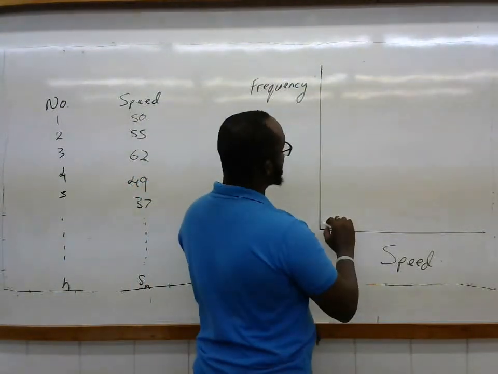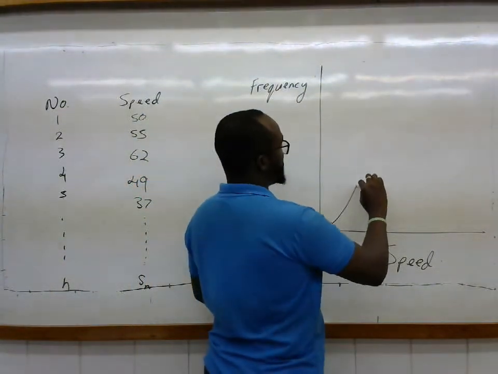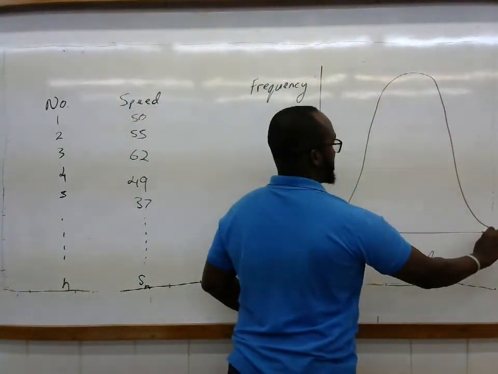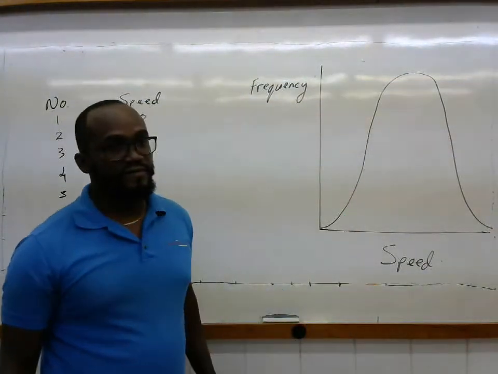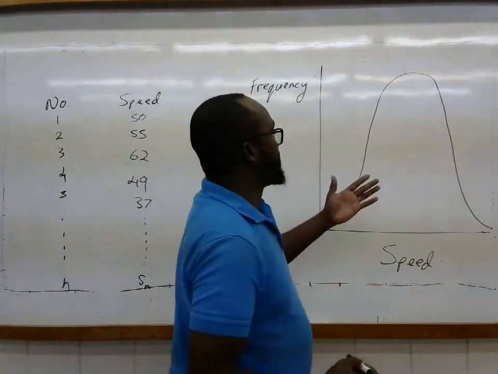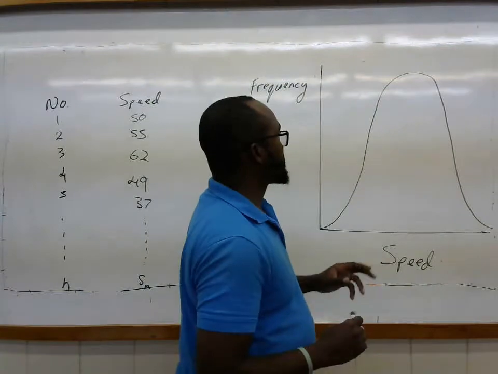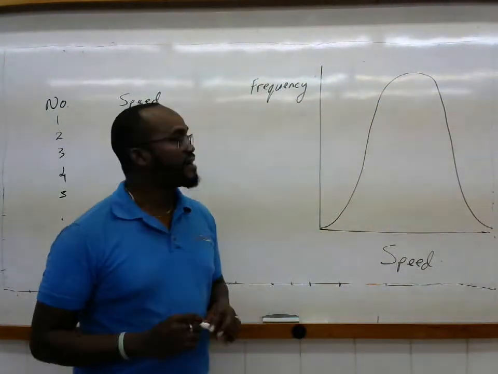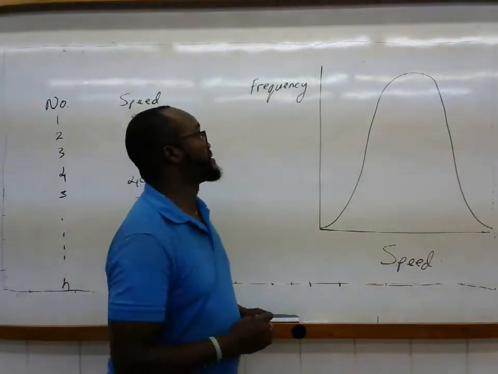And this is typically or generally in the shape of a bell curve or a normal distribution curve. This chart is particularly important for determining a number of other statistics.